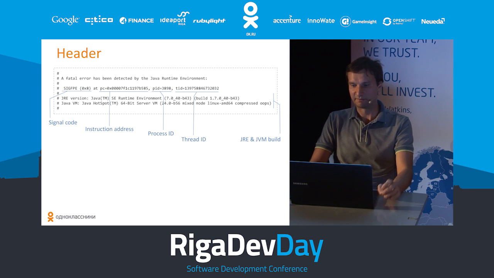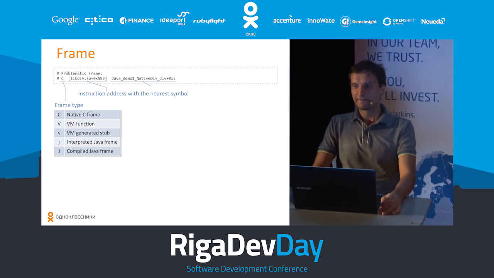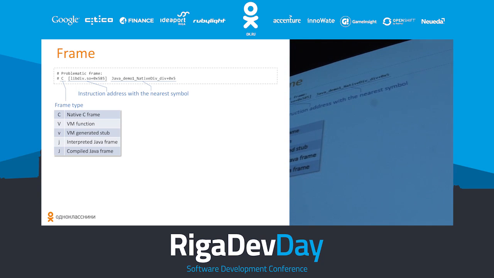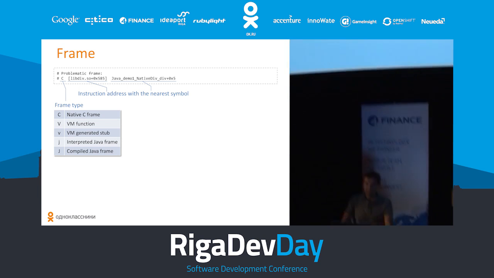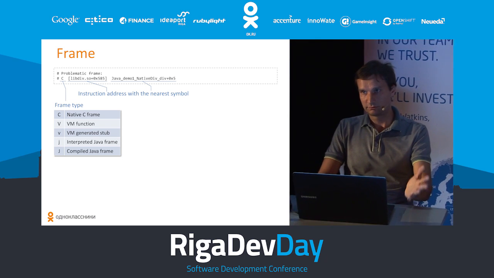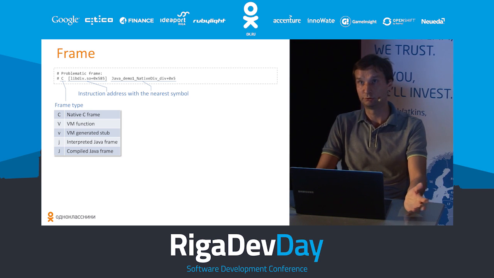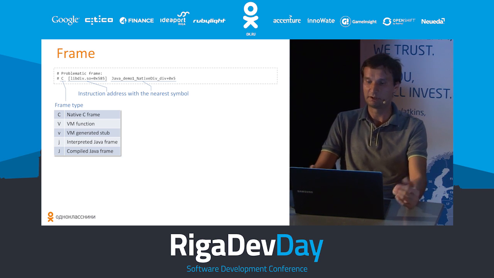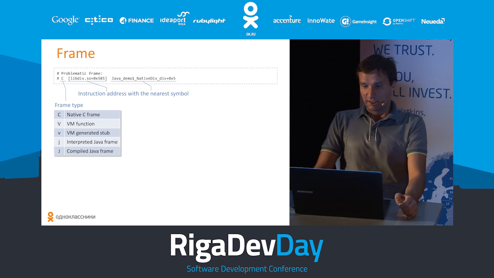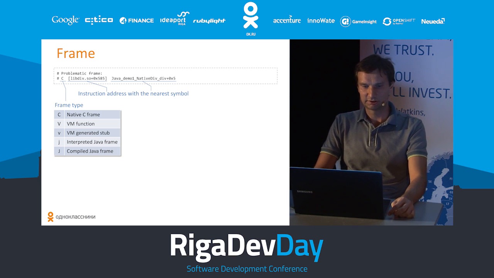Then goes the frame, the decoded instruction address. The crash can happen almost anywhere, in VM code, in a native library, or in user application code, which in turn can be executed either in interpreted or JIT compiled mode. Different types of code are denoted by different characters.